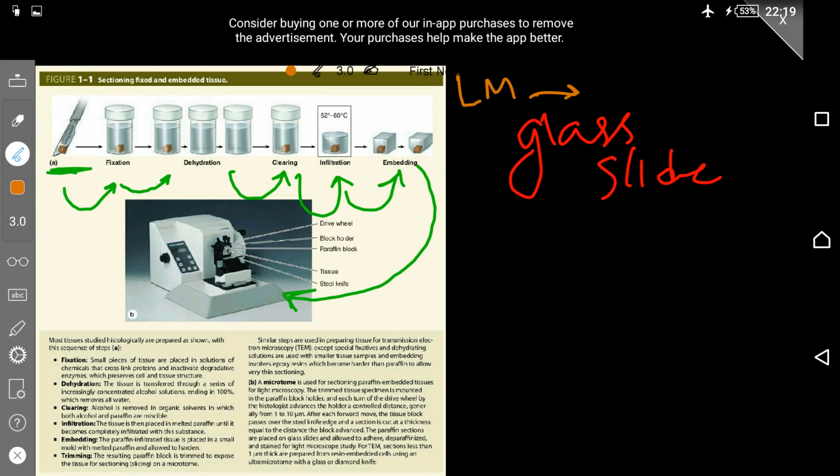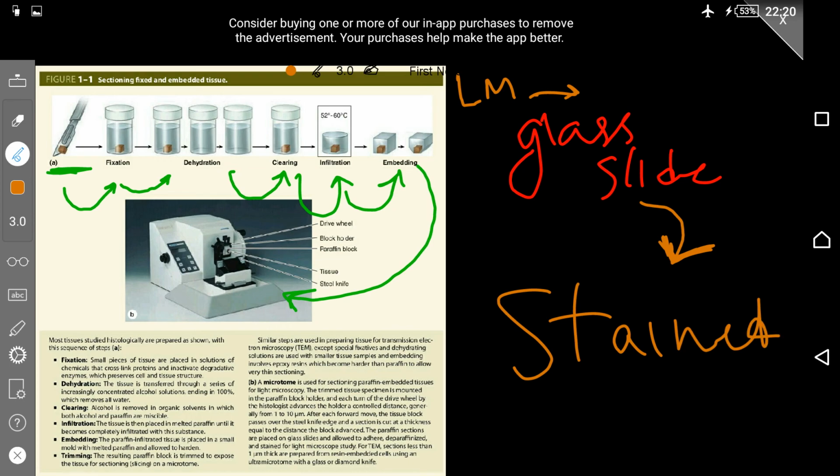This glass slide that holds the completely prepared part of the tissue, and also the tissue that's on the other part for the electron microscopy that we talked about, the metal grid, needs to be stained or colored. And why is that? Why do we need to stain it? And how do we need to do it?